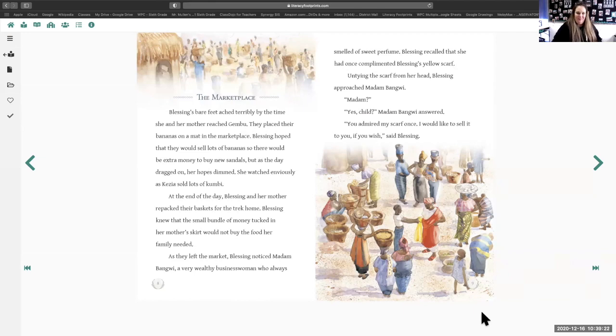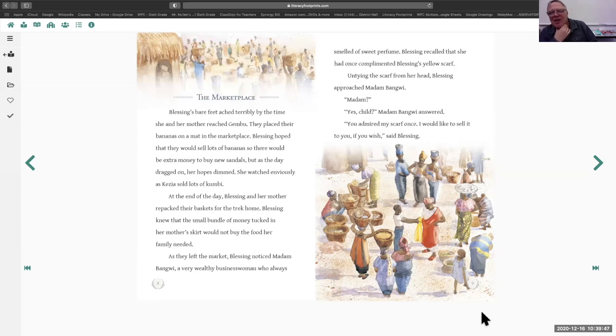That's cool. A very wealthy businesswoman who always smelled of sweet perfume. Blessing recalled that she had once complimented Blessing's yellow scarf. Untying the scarf from her head, Blessing approached Madame Bangui. "Madam?" "Yes, child," Madame Bangui answered.